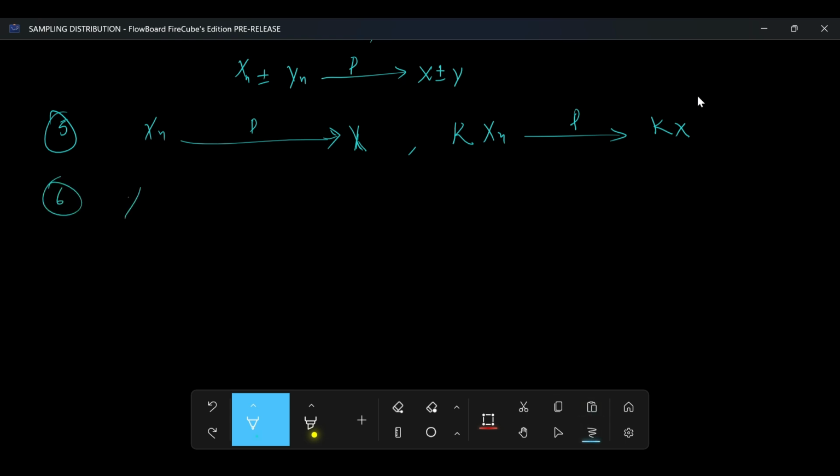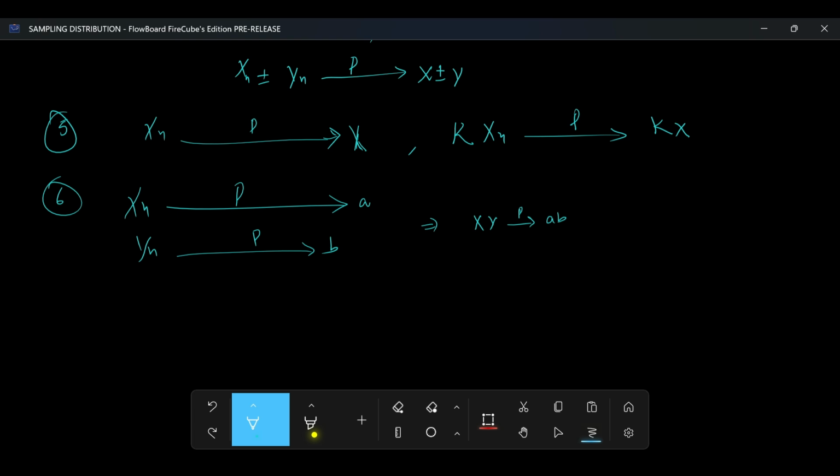Number six, if Xn is converging to a in probability, Yn is converging to b in probability, then XnYn is converging to ab in probability.